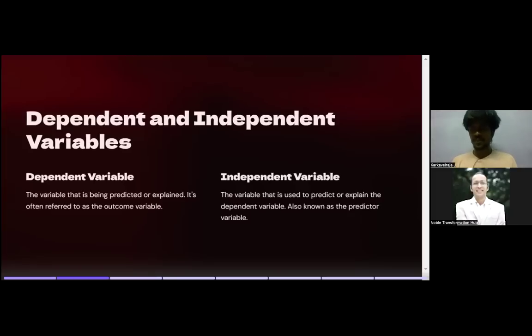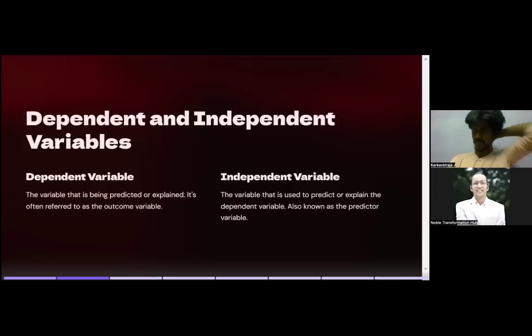Yes, sir, over to you. If you understand the word dependent, it means it is dependent on something. Independent is not dependent on any variable. When we talk about variables in regression analysis or machine learning, when a variable is dependent on other variables, then it is dependent, and if it is not, then it is independent.